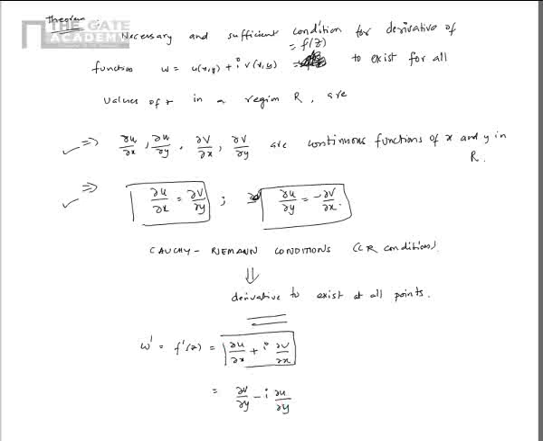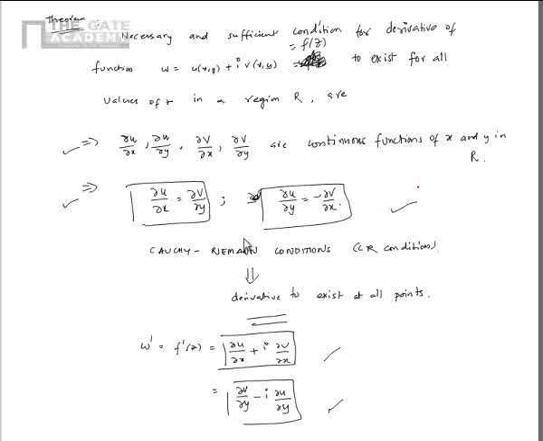So this is like differentiating with respect to x. You can forget about y, just differentiate with respect to x, or just differentiate with respect to y and use this. So there are two important things here. For w, which is f of z, to possess a derivative at all points, the partial derivatives of u and v with respect to x and y should be continuous, and dou u by dou x has to be dou v by dou y, and dou u by dou y has to be minus dou v by dou x.